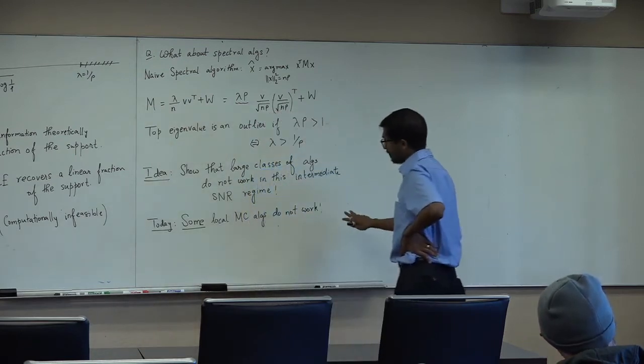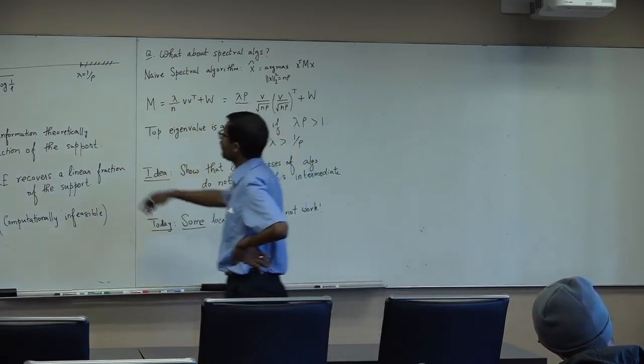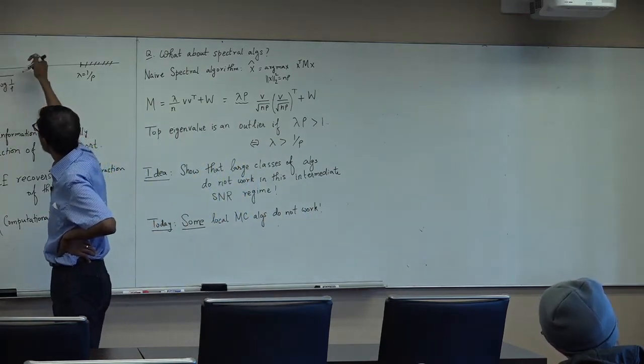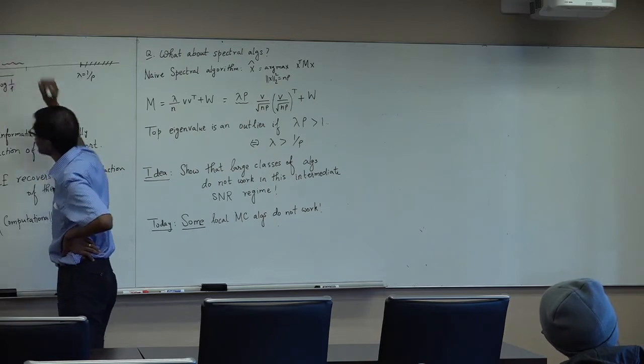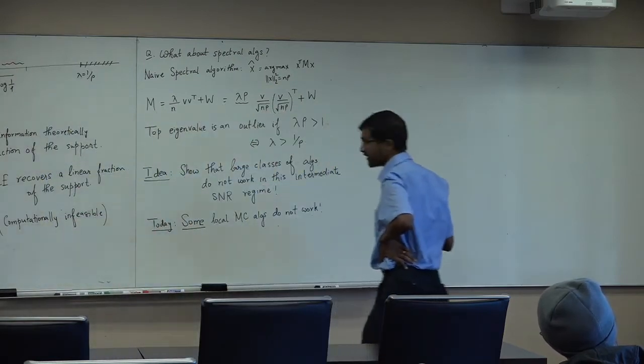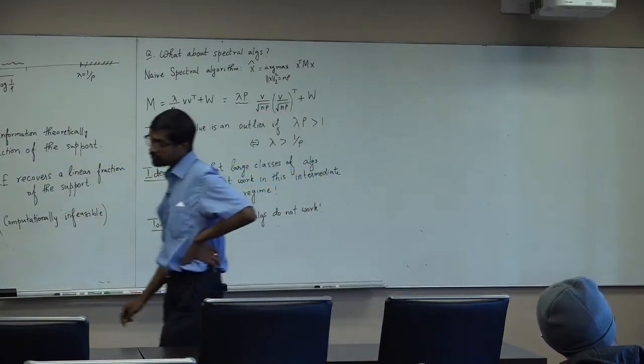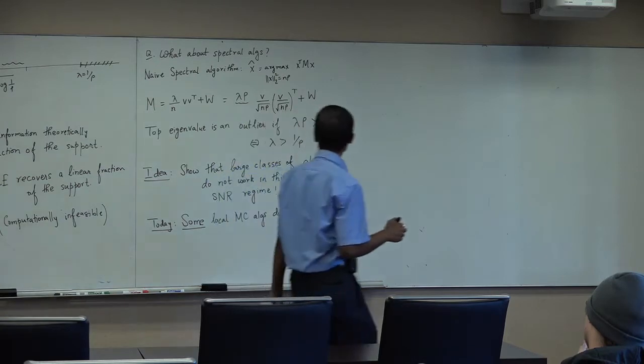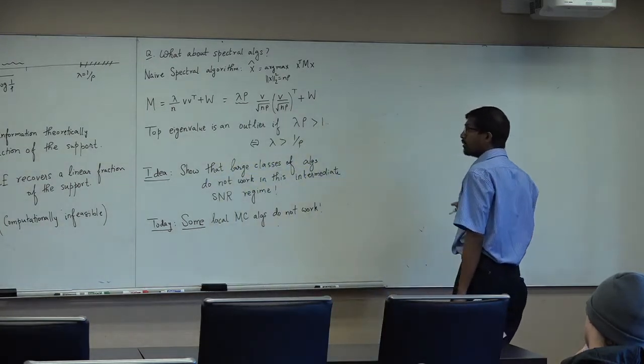My result will be quite weak in that I won't go all the way up to 1 over rho. I'll only rule out something here in the middle, roughly. But okay, some evidence. I think that is mostly a proof artifact. But let's see. So what do we do?